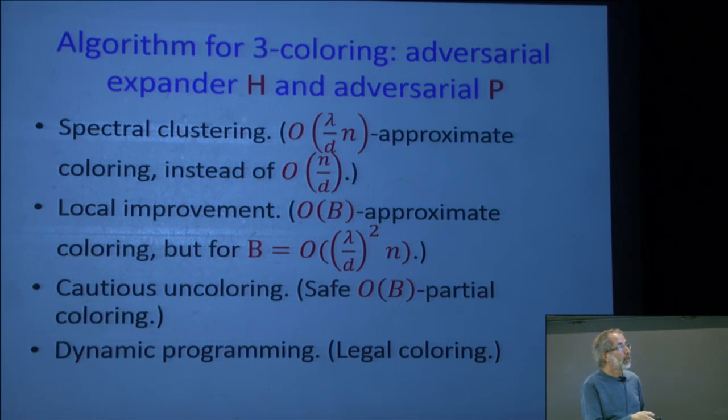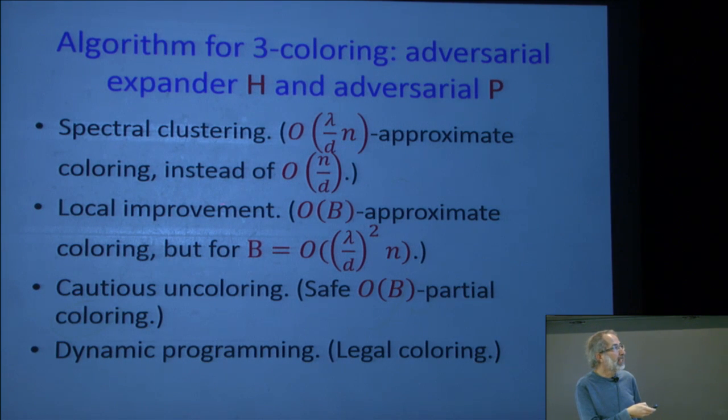So here's an algorithm, the same algorithm of Alon and Kahale. How would you try to run it for the case where the planted coloring is adversarial? You do the spectral coloring, and now if you do the analysis, you can show that you also get an approximate coloring, but the parameters are not as good as before. The fraction of miscolored vertices, those who receive the wrong color, is lambda over D rather than 1 over D. And lambda is always at least square root of D, so it's worse.